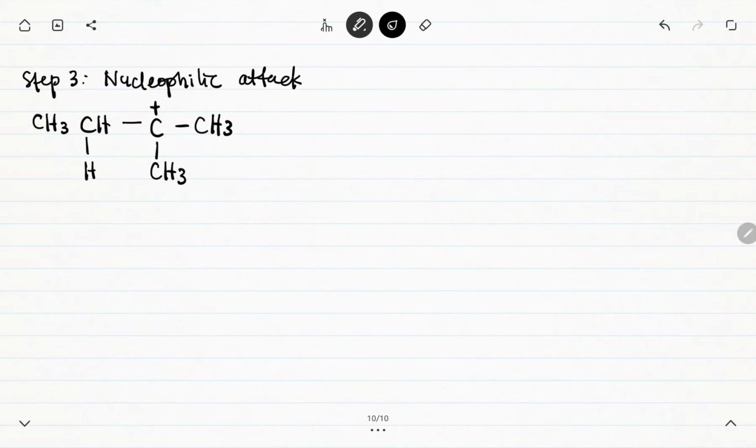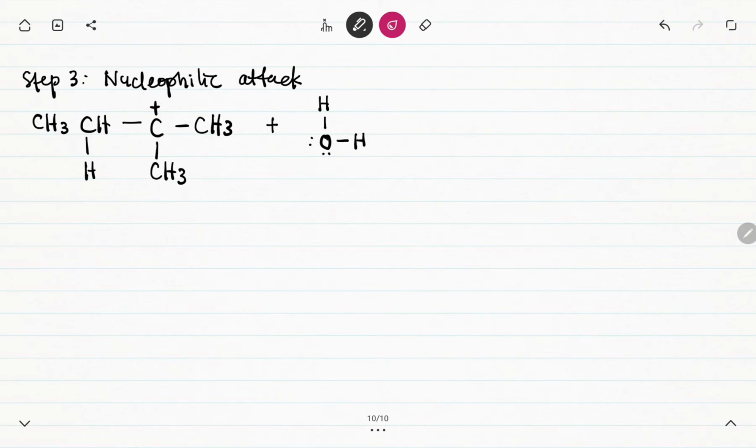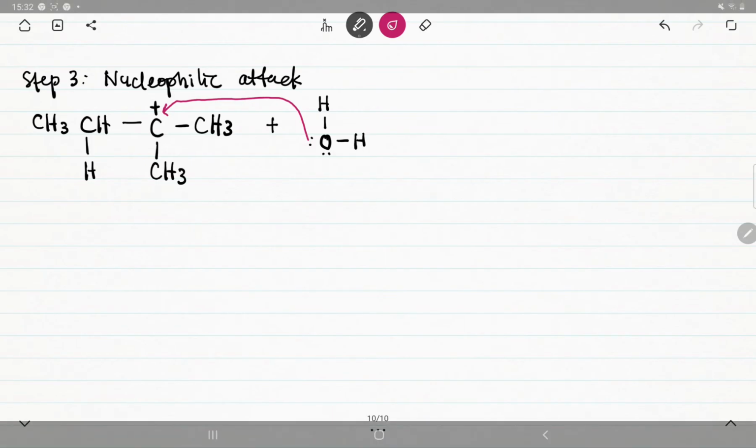In step 3, nucleophilic attack, the tertiary carbocation must react with our reagent water. While in step 1 the reaction occurs between the carbon-carbon double bond and H3O+, we now have another reagent, water, and this water will react with the carbocation. The full-headed arrow must go from the lone pair at the oxygen toward the carbocation, which adds the water into the compound.